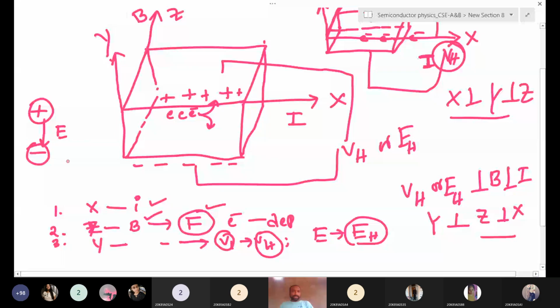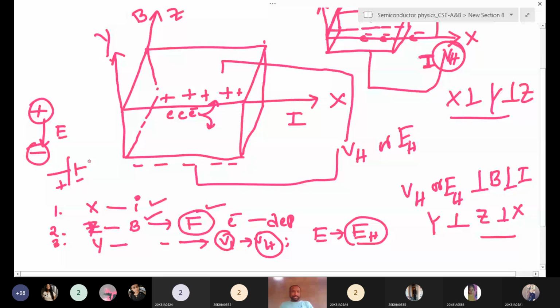If you take any battery, with a plus terminal and a minus terminal, the voltage developed between the two terminals is V equal to E d. Here it is the same thing.